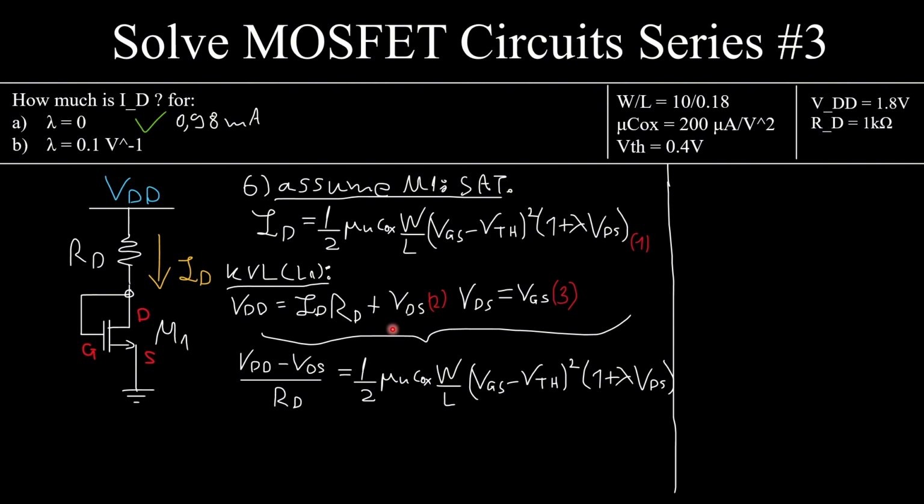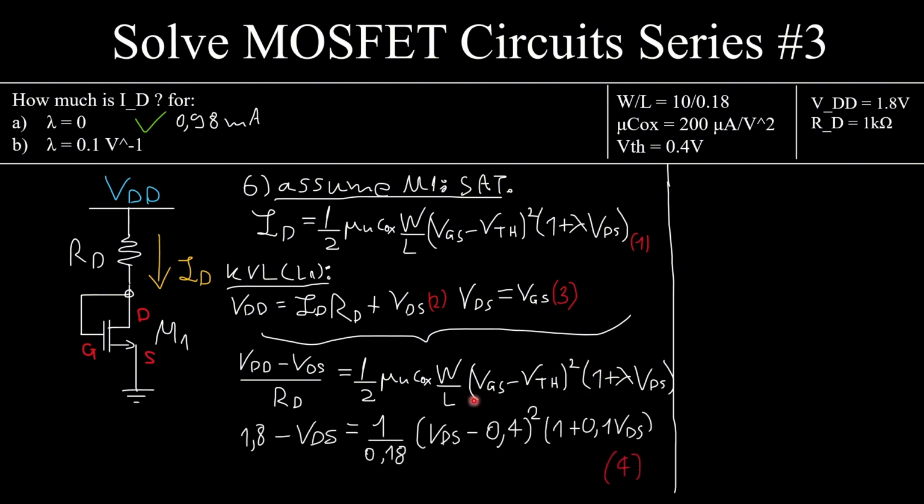However, when we try and solve this and we replace the numbers, the problem becomes clear. We now don't have a quadratic equation as before, so with the inclusion of channel length modulation, things get very complicated very quickly. We now have a cubic level polynomial, which can be solved using Cardano's rule or anything like that.